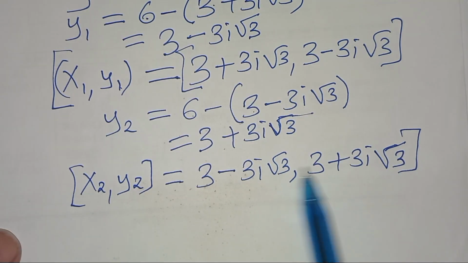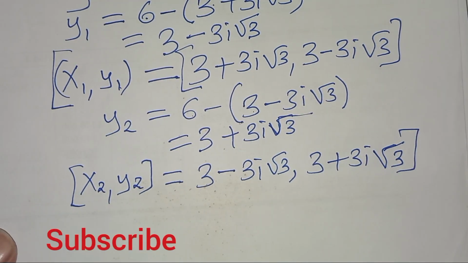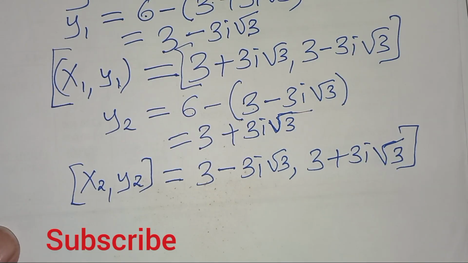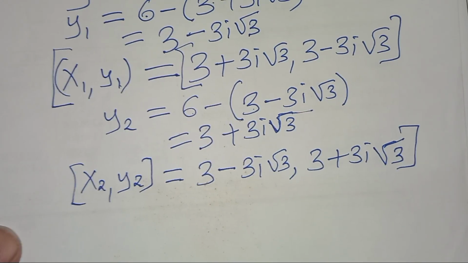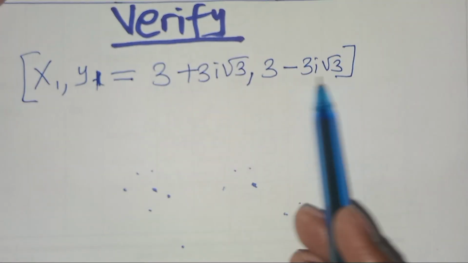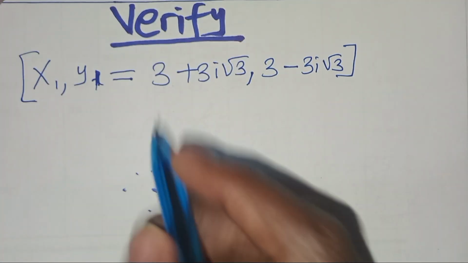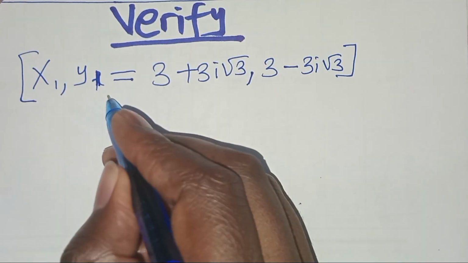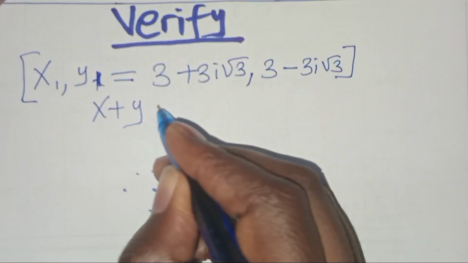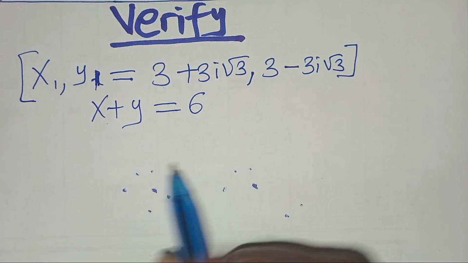So let's check if x1, y1 and x2, y2 actually satisfy the equation by following these steps. Now let's verify that x1, y1 satisfies the equation. If you recall, we have x plus y equal to 6. Let's substitute x1 and y1.